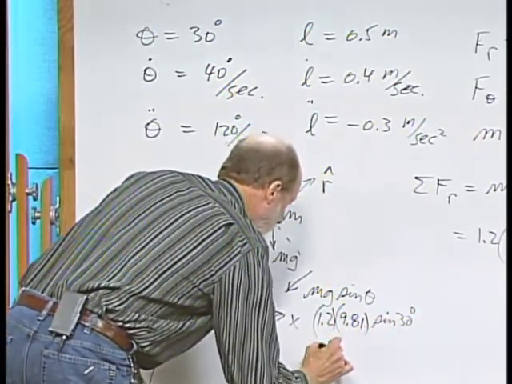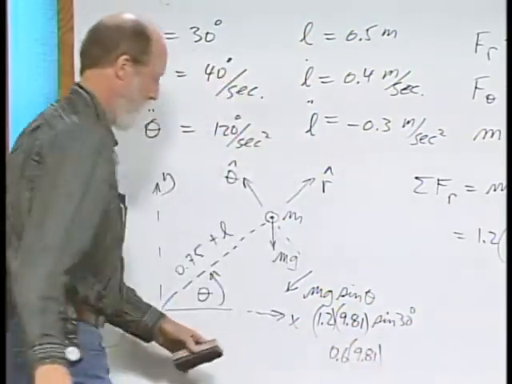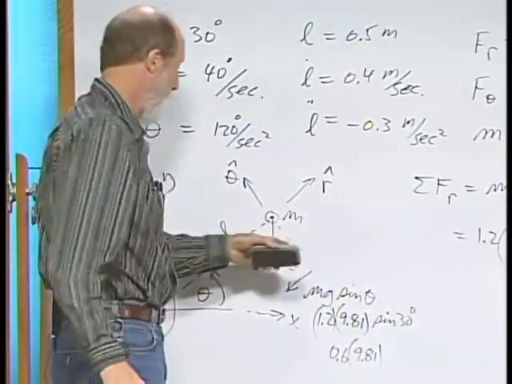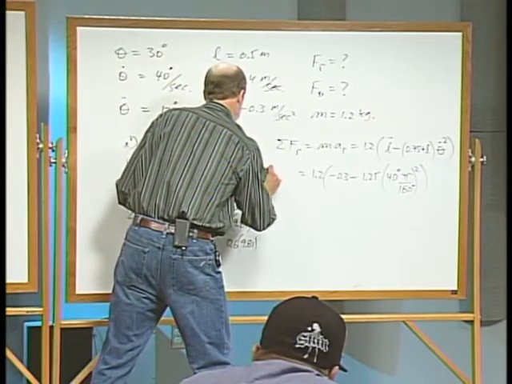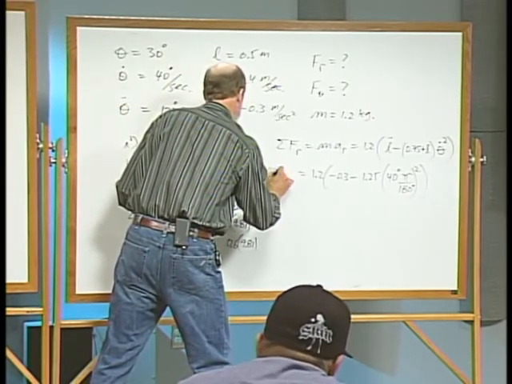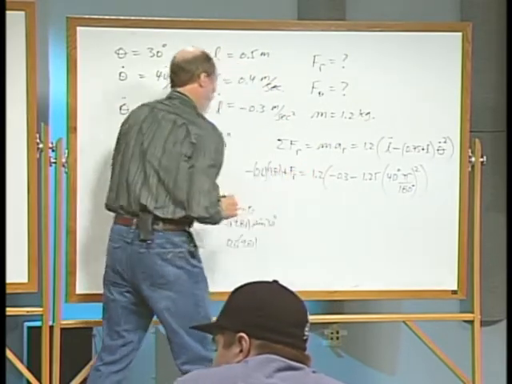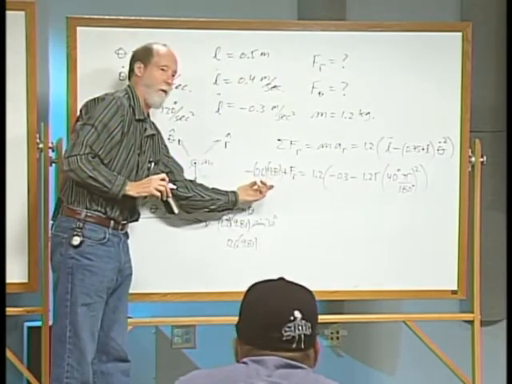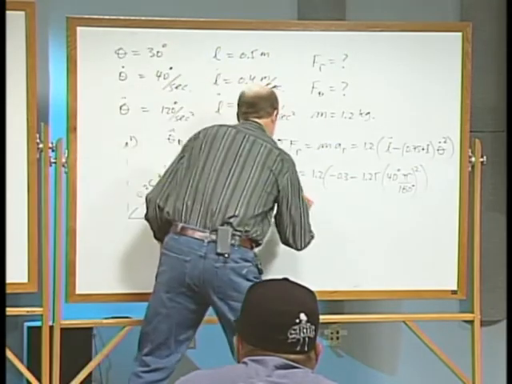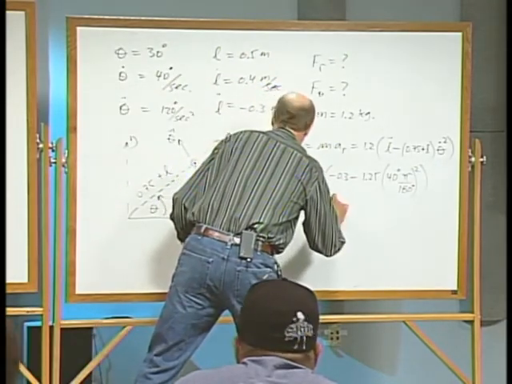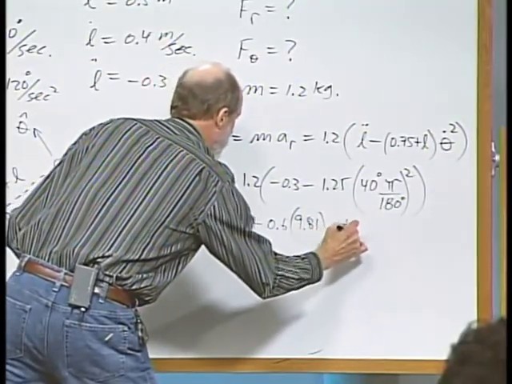So that'll be half of the body weight, or 60% of 9.81, and that is negative in the negative R direction. So negative 0.6 times 9.81 plus the required FR force. So then this becomes additive, and the other value, 1.09, was negative. So we're going to get FR then is going to be positive 0.6 times 9.81 minus the 1.09.